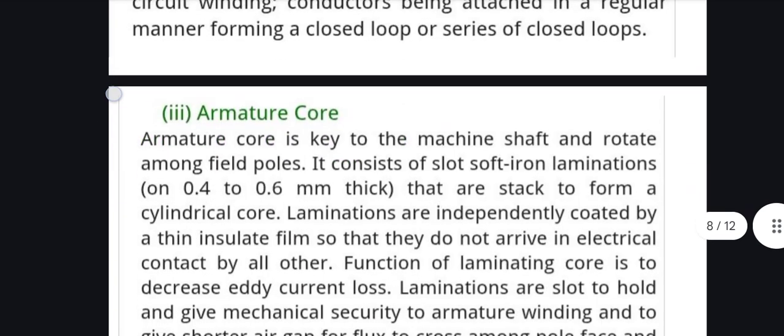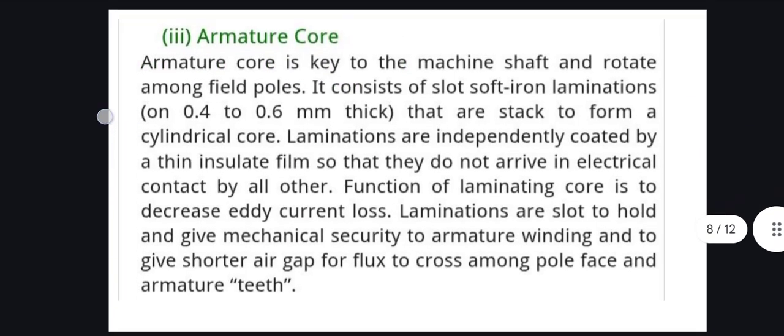After this component, let's move towards the armature core. What is the armature core? The armature core is keyed to the machine shaft and rotates among the field poles. It consists of slotted soft iron laminations 0.4 to 0.6 mm thick that are stacked to form a cylindrical core.